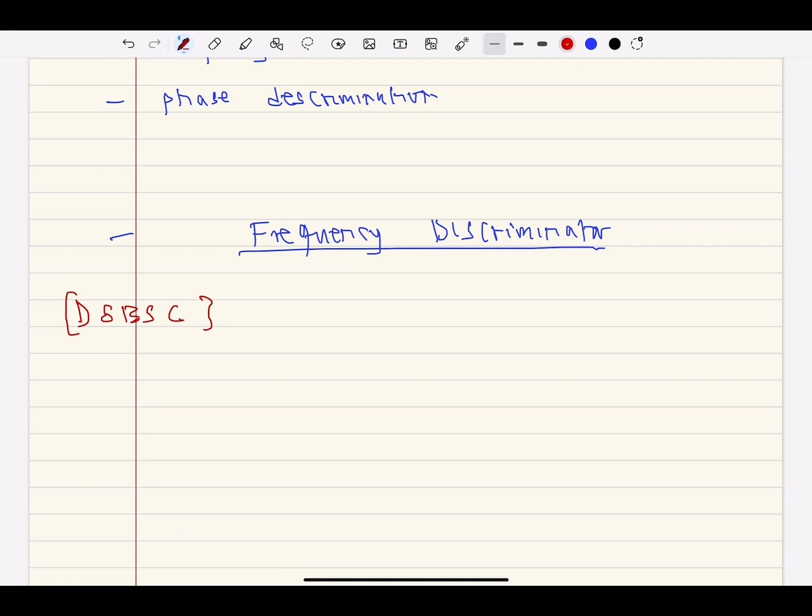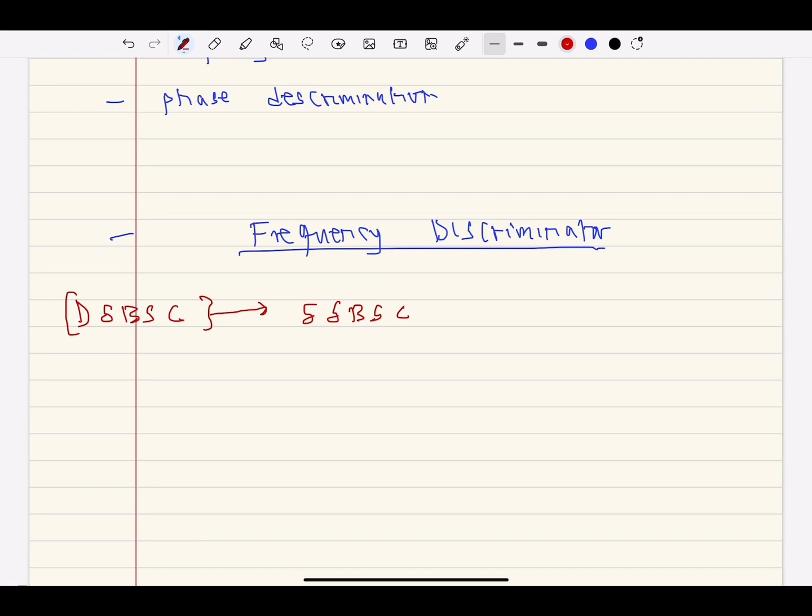When we get the result, we then pass the generated wave through a bandpass filter that has its center frequency at the one that we want. If we want the lower sideband, we tune the filter in such a way that its frequency range will be within the range of the filter. In that case, it will allow it to pass. When it allows it to pass, it produces an output which is a single sideband suppressed carrier.